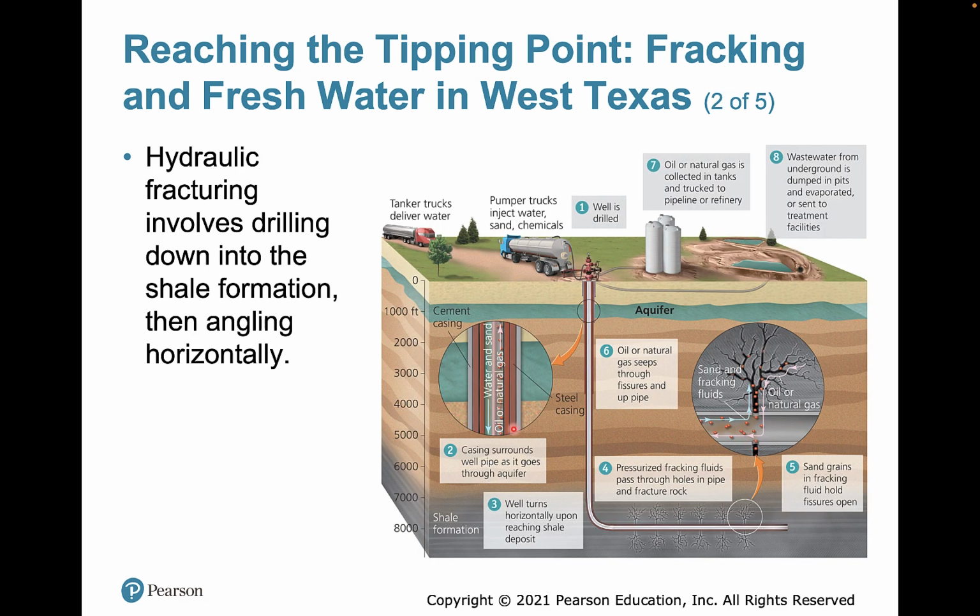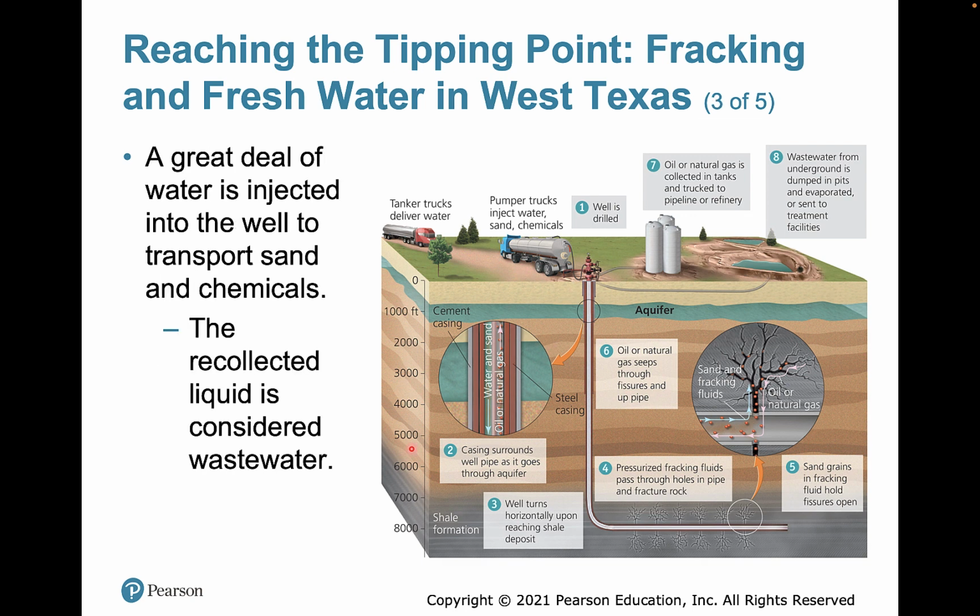So fracking, they drill down into the ground, okay, and then drill horizontally, and they put high pressure fracking fluids, which is water-based as well as other chemicals. They pump it down in there. It opens up the rocks. It allows oil and natural gas to come out, and they suck it back up and process it.